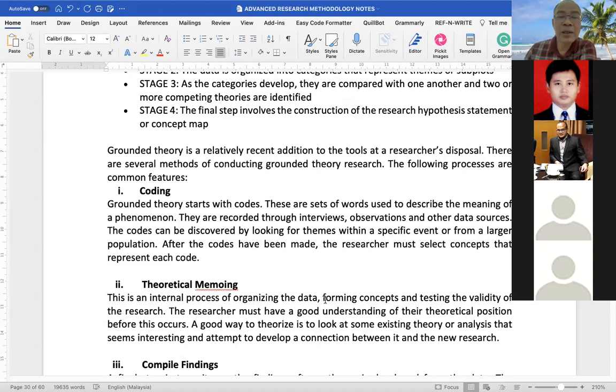For example, in Islamic studies, sometimes they use what they call library research. Library research consists of collecting data using old texts. Some of them use the books written by previous Islamic scholars, written centuries ago, a long time ago.